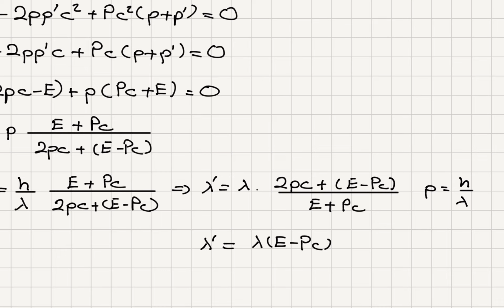So here I'm substituting h over lambda. So lambda times (E minus P c) plus 2hc divided by capital E plus capital P c.